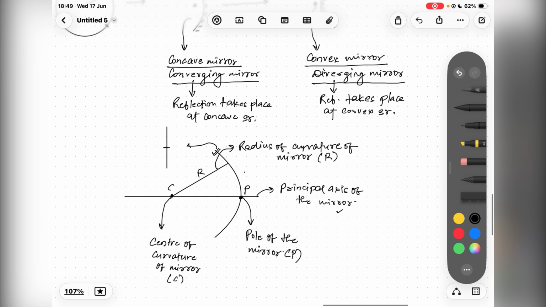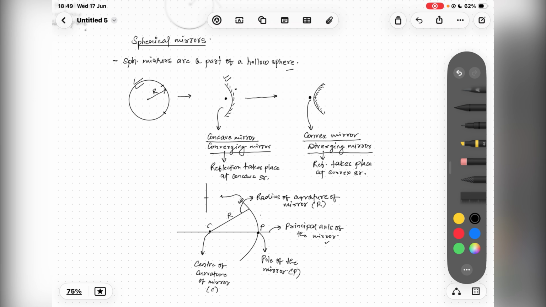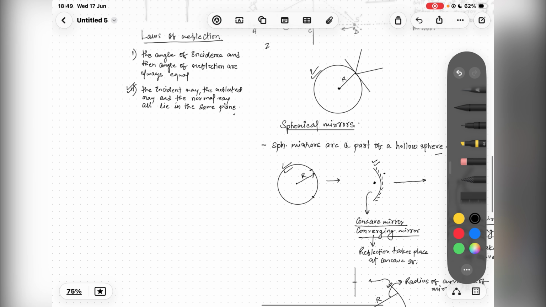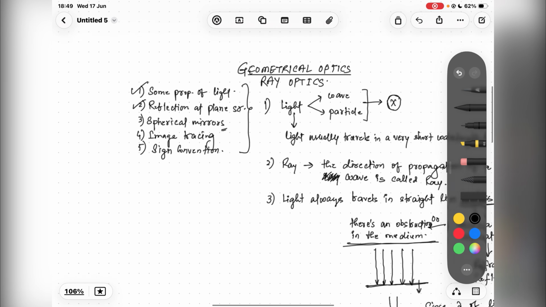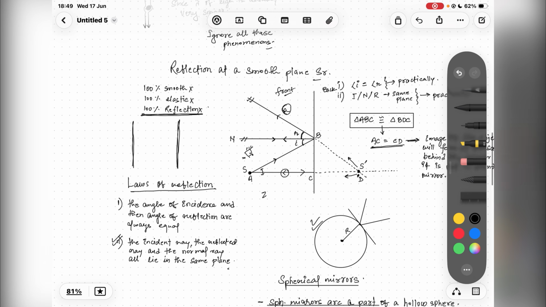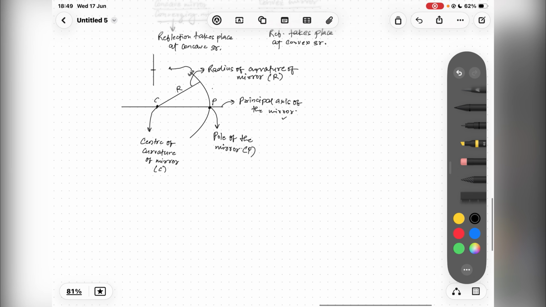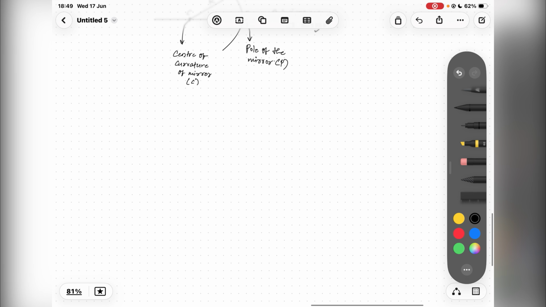Now we have got a general idea of spherical mirrors. We will now look at image tracing. And before image tracing, let me tell you about focus.